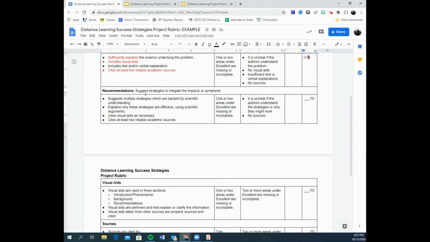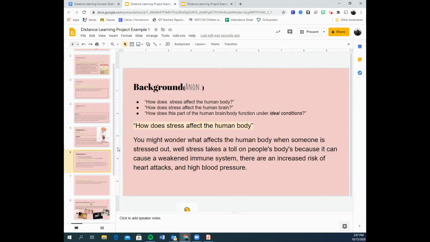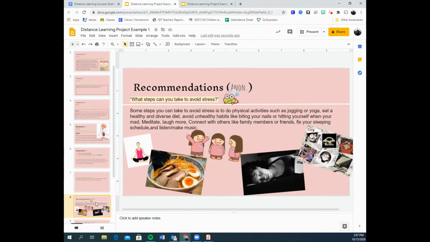Okay, now the recommendations. Suggest strategies to mitigate the impacts or symptoms. All these bullet points need to be hit. So let's look at it. Recommendations.